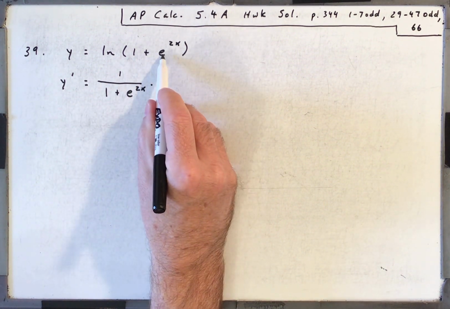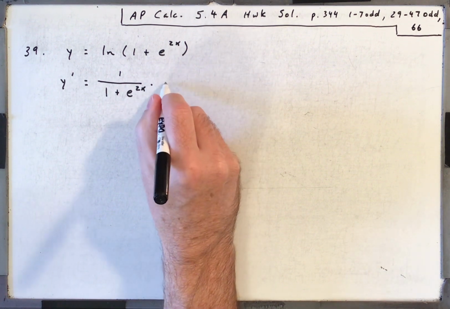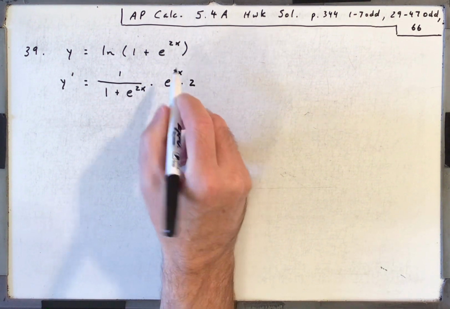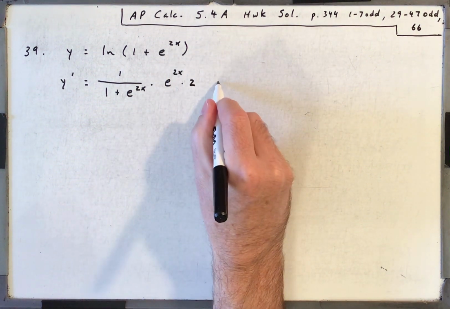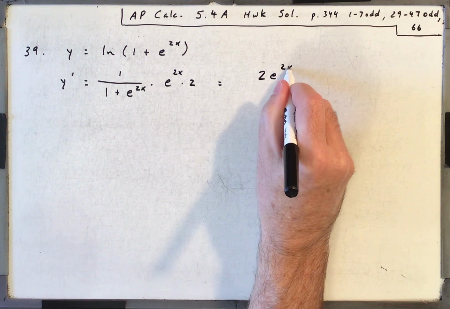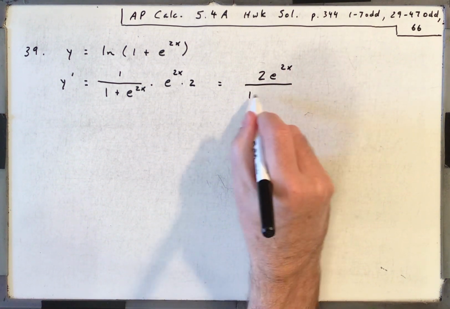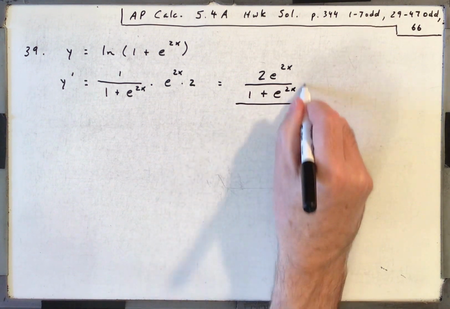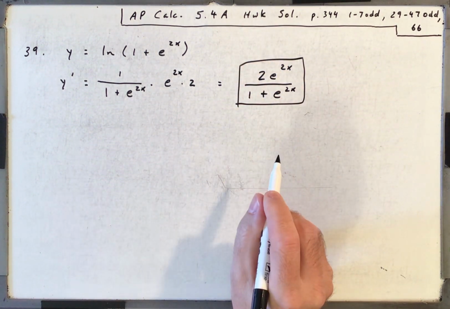Well, that's going to be e to the 2x times 2, because of the derivative of 2x. So cleaning that up, we would have 2e to the 2x on top over 1 plus e to the 2x on bottom. All right, nice.